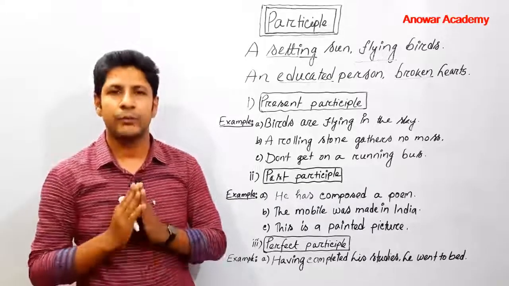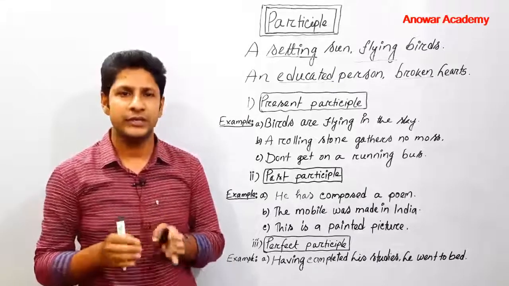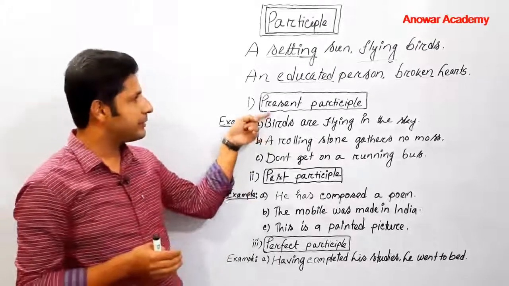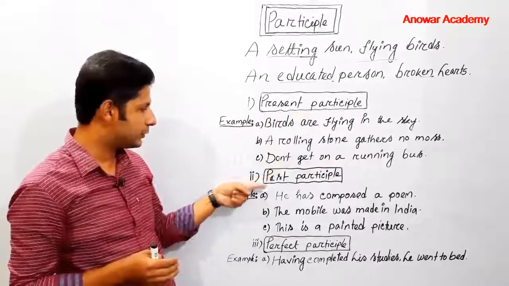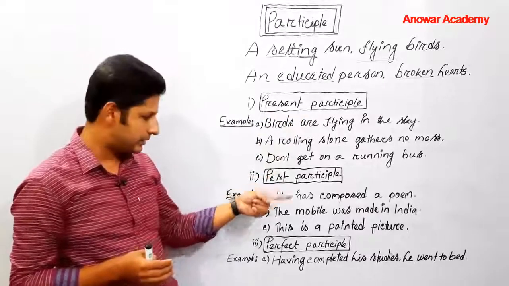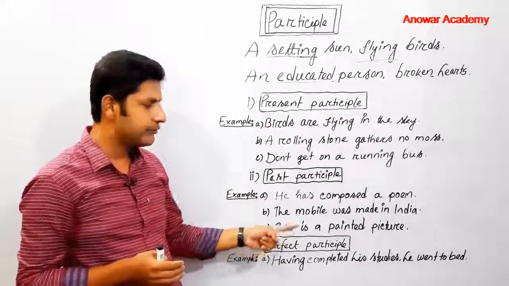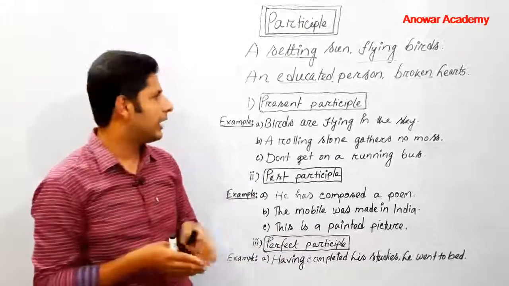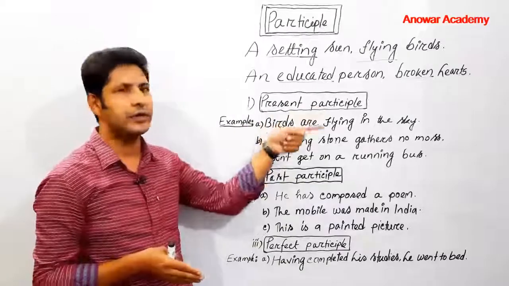You know, participle in English is of 3 types and they are number 1 present participle, number 2 past participle, number 3 perfect participle. Now, let's know about present participle.